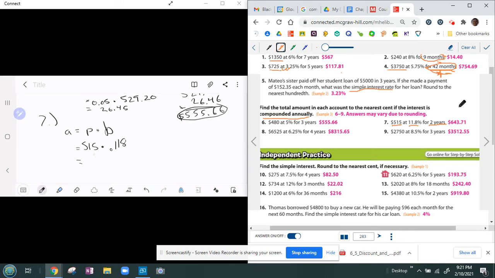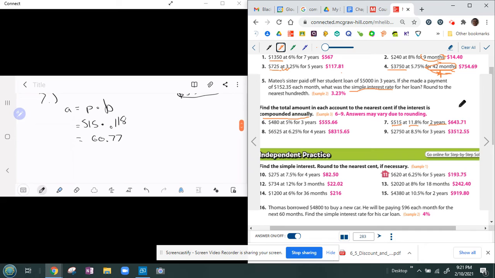And that gives us 60.77. All right, that's a pretty good amount for 1 year. Okay, so that's year 1. We got to do the addition, 515 plus 60.77. All right, and now this is our new amount we're going to go with next time, okay?